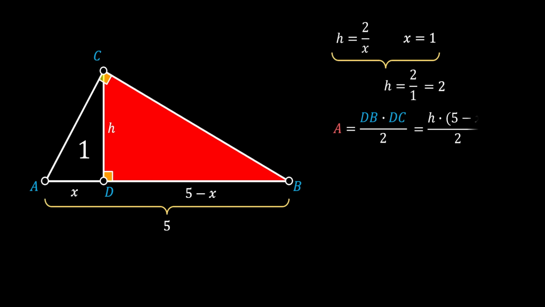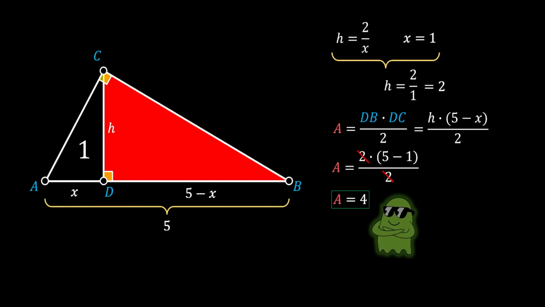So, if we substitute the values from our sketch, we will get the following. Now we will just substitute the values for h and x, and we're going to cancel out 2, and we will get that our wanted area equals 4, and this is our solution.